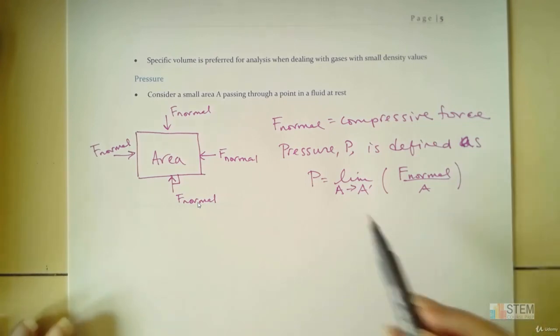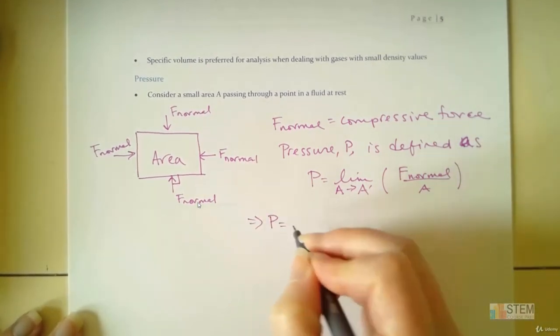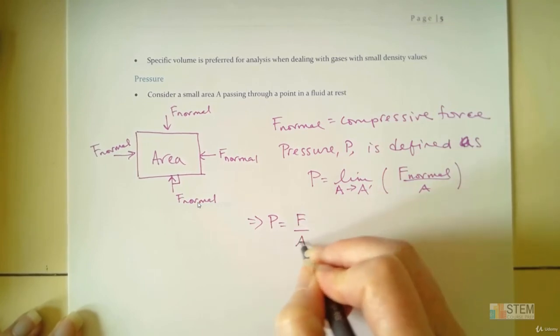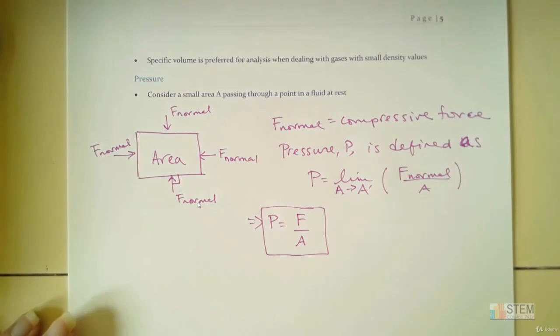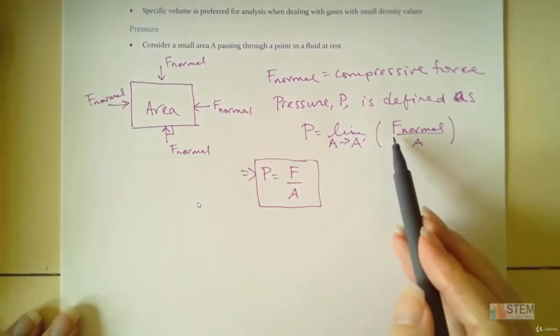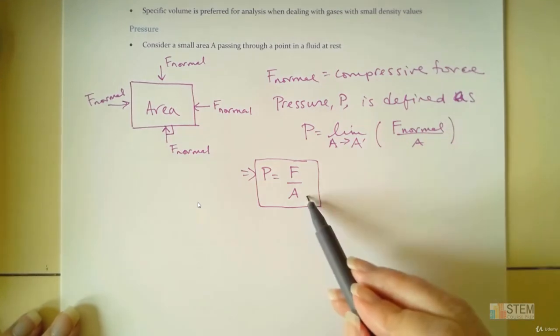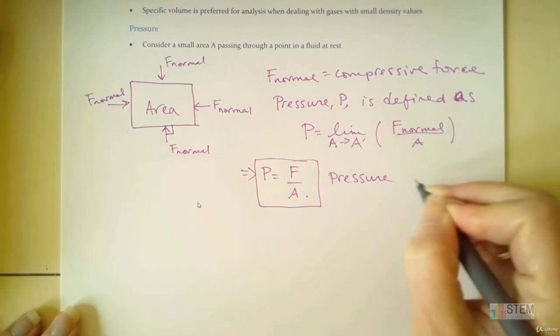Now if you were to go through and do the limit, what you end up with is pressure equals force per area. So this is your equation for pressure that we will use. We're not really going to use this limit equation, we're going to use this one. Now pressure can vary from point to point.